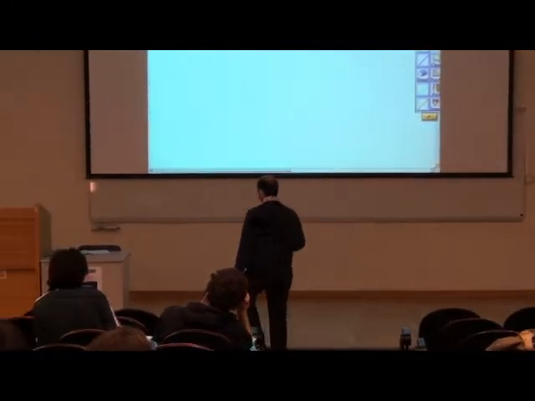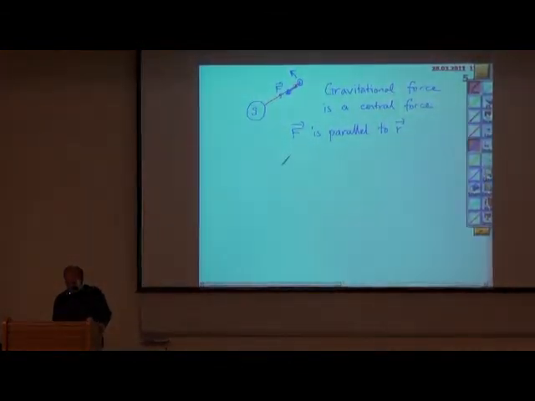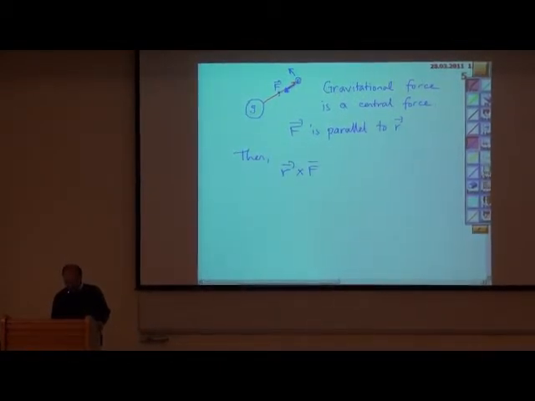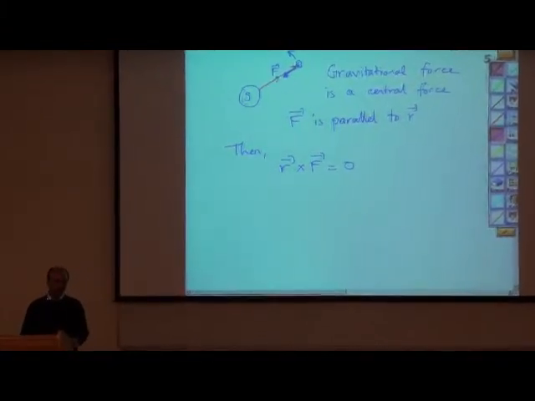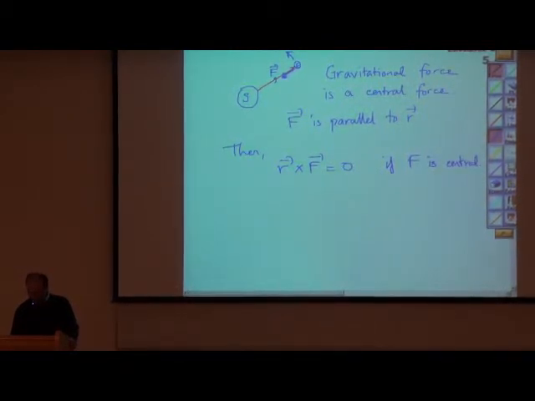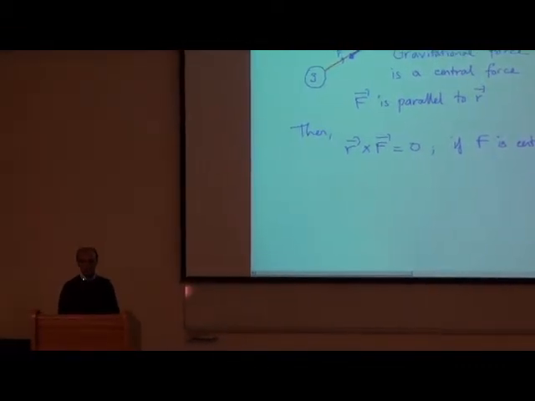So this is the first part of the investigation. Then is R cross F 0 always? No. If the force is central, this is fine, but there is more to understand from here.